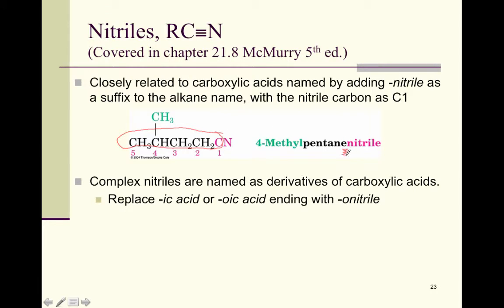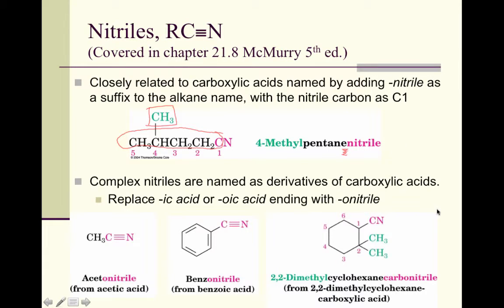Notice the E is retained in the name pentane, and nitrile follows. There is no space. The parent name of this compound is pentanenitrile. It also has a methyl substituent coming off of carbon number 4. 4-methylpentanenitrile, all one word.